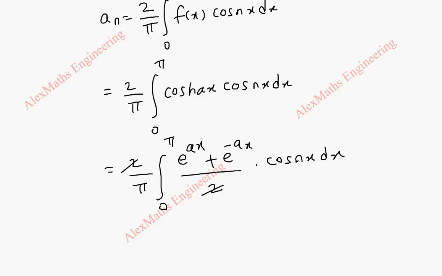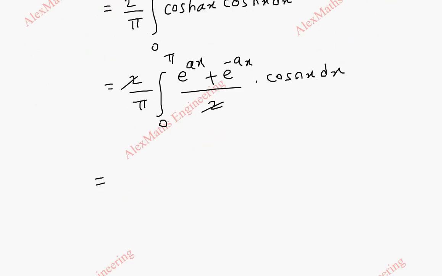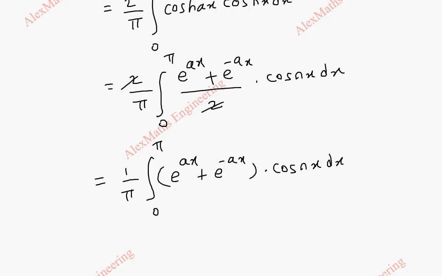So we can cancel this, and now this is 1 by pi integral 0 to pi e power ax plus e power minus ax whole thing into cos nx dx.